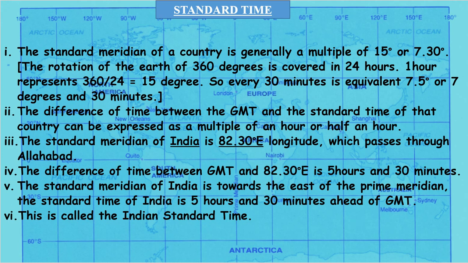That is why we have 82.5 degree, which is the standard meridian of India and which is 5 hours 30 minutes ahead of the GMT. Okay, let us move on to the next topic, that is time zones.